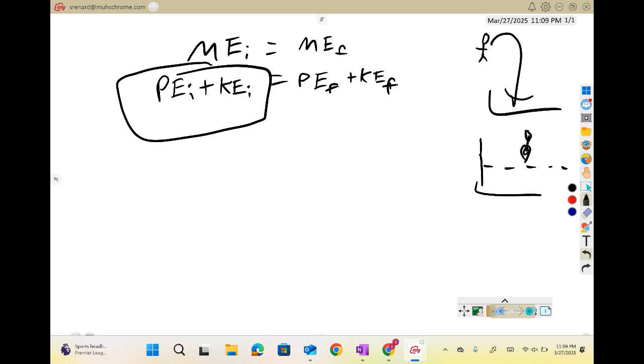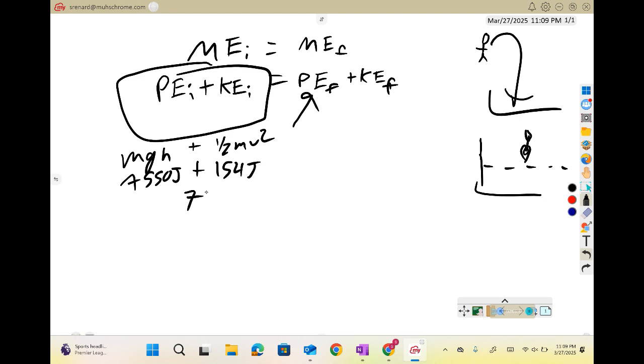So this is still going to be his mass times gravity times height, which was 7,550 joules, plus his kinetic energy, 1/2 mv squared, which we figured out was 154 joules. So we know that the total energy of the system is 7,704 joules.